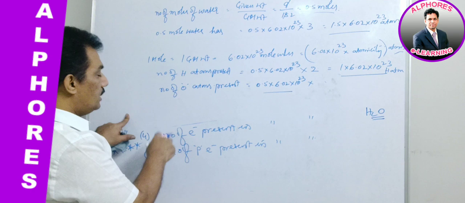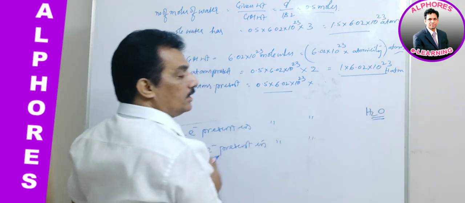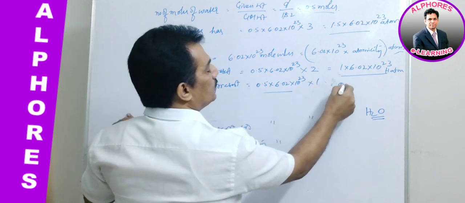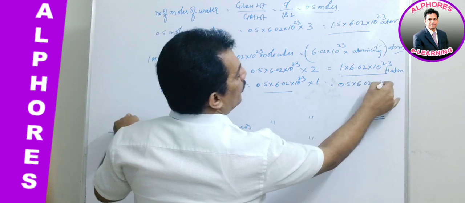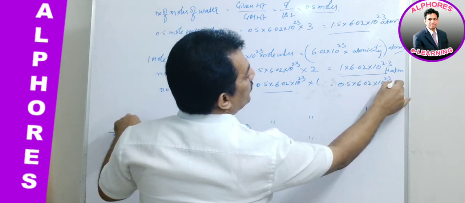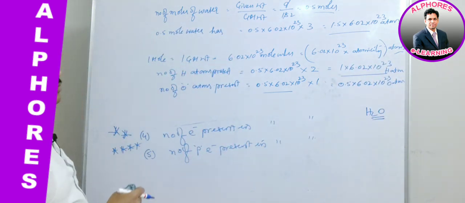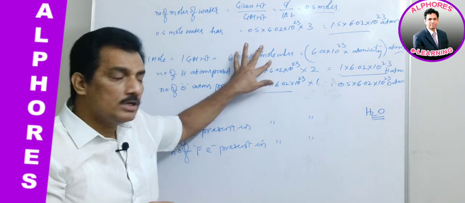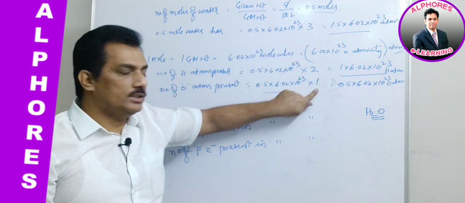Here atomicity relates to the number of oxygens only, is it not? So how many oxygen atoms in each molecule? 1. That's why into 1. That is 0.5 into 6.02 into 10 to the power of 23 oxygen atoms present. Like that, from the mole relation, once we find the number of molecules, in those molecules, whatever they are asking, that we have to consider.